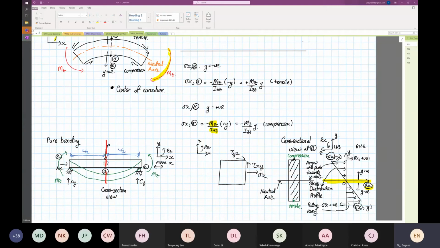On the left hand side, stress X is what? Negative. You agree? Yes. Okay. Now, if you look at Y, is it up or down? On the 0 line, above, Y is positive. Below the 0, Y is what? Negative.